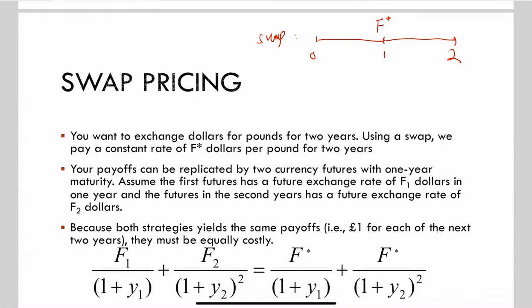This is essentially an exchange rate. And then at the end of the second year, you will receive £1, and in exchange for £1, you will pay F star dollars. Again, this is essentially an exchange rate. This can be replicated by two futures contracts, right? You could use two currency futures.